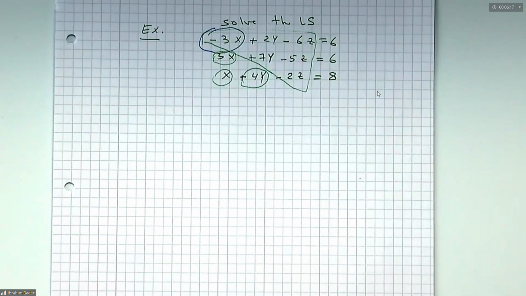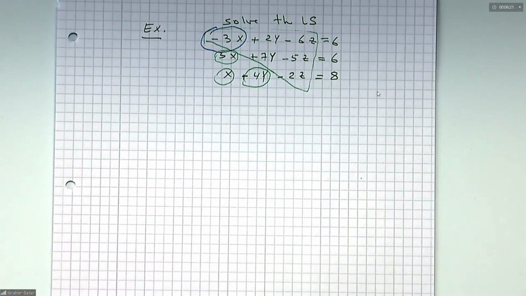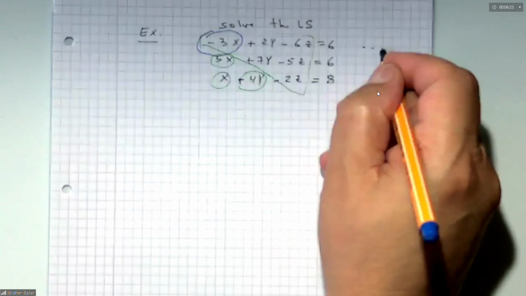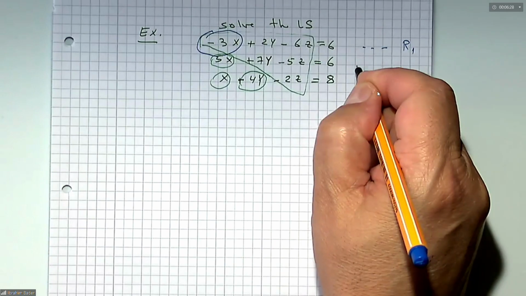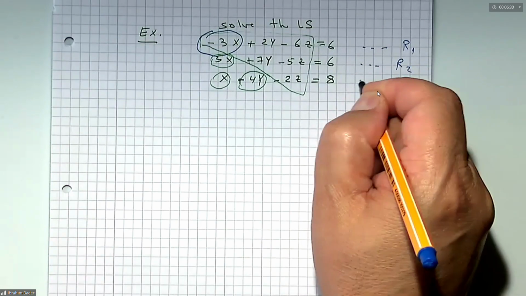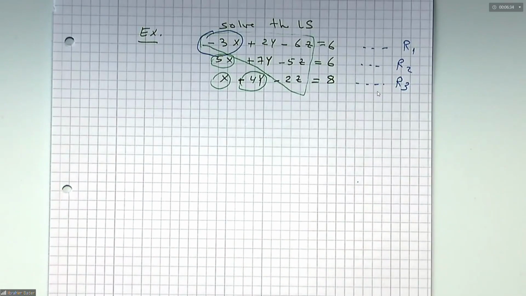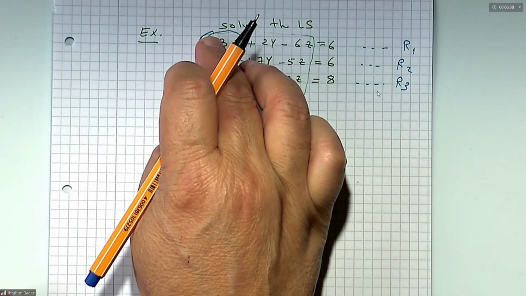Okay, to do this, if you look at these three equations, of course, by default, this is R1, this is R2, and this is R3, let me just label them. Now, to make this 0, what do I need to do?